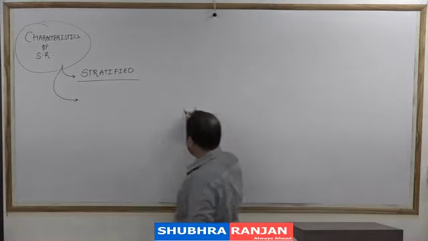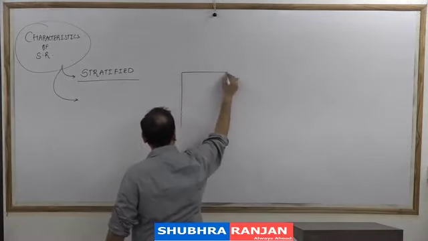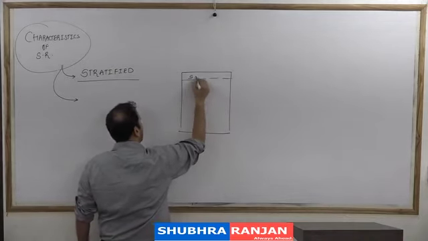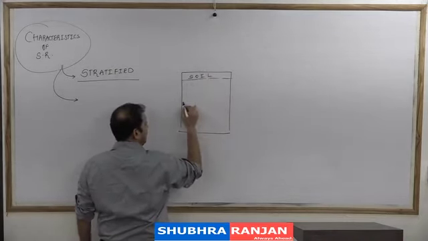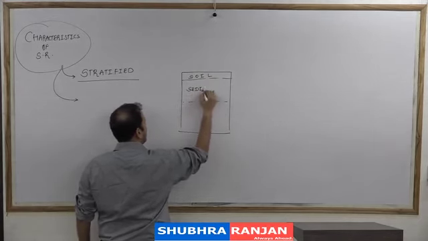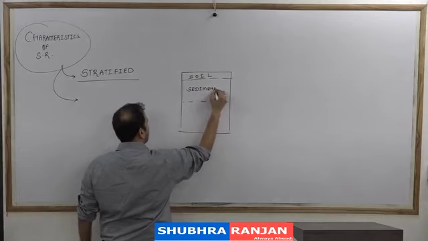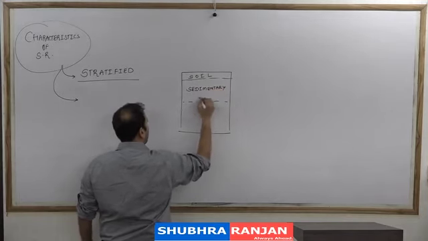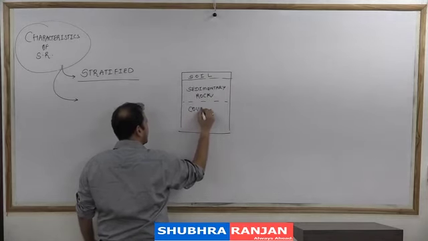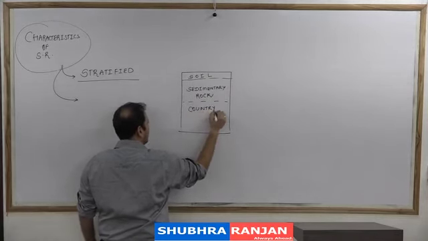So I am drawing this diagram. This diagram means that on top there is a layer of soil. The soil obviously is made from the sedimentary rock. And below it is the country rock.